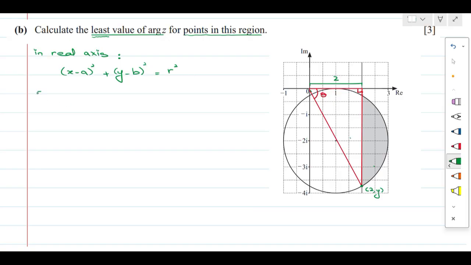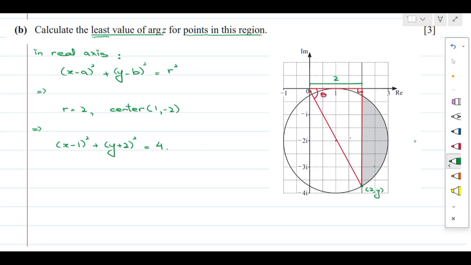So here the radius is 2, and the coordinates of center a and b are 1 and minus 2. Okay, so here we have the equation x minus 1 whole square plus y minus, and this minus 2 becomes plus 2 whole square. The radius is 2 square, that is equal to 4. Now this is the equation of circle in the real world, right?